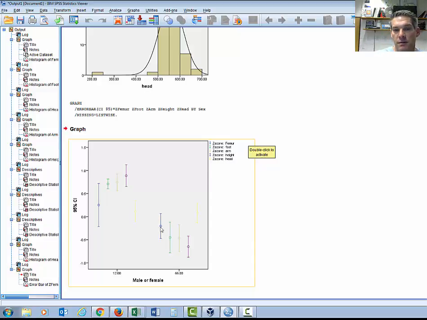This one, I almost said it, is below the mean on femur, below the mean on foot, below the mean on arm, below the mean on height, but above the mean, or right at the mean, on head size. So that should give you a clue about which group this is, what number 12 represents, and what number 66 represents based on the data that we've looked at already this semester.